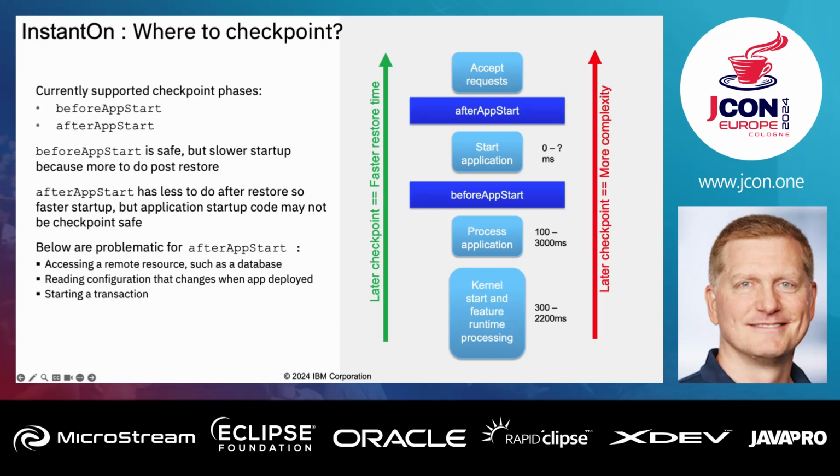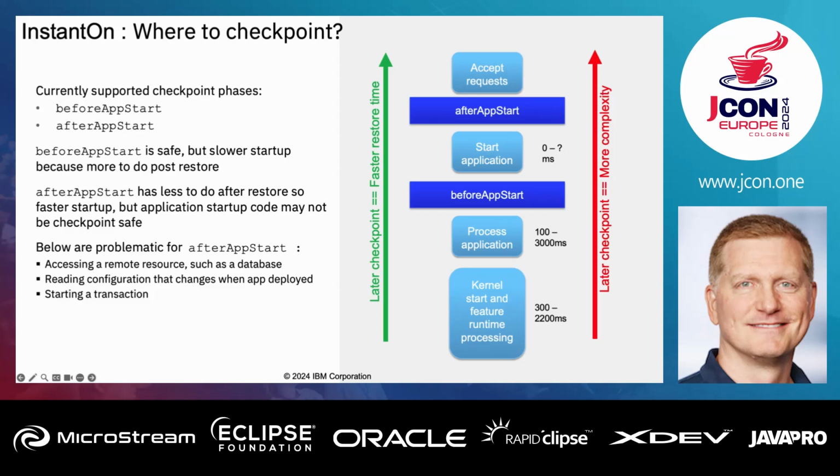The later that you checkpoint, the less has to happen after you restore, and therefore the faster your startup is going to be in the restored process. And that's generally a good thing, so you want to checkpoint as late as possible. But the red arrow is talking about the complexity of being able to restore a checkpoint that you've pushed off as late as possible. That's because the code that runs in that start application bit might be application code.